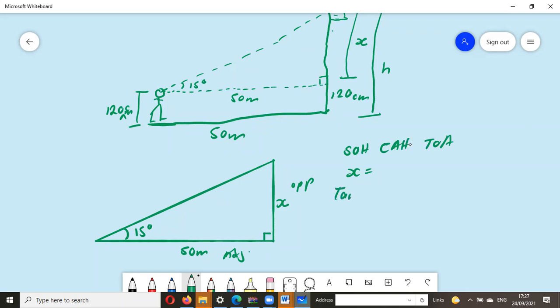Therefore, tan of 15 degrees is equal to opposite, which is the X, over the adjacent, which is 50 meters. Therefore, X is equal to 50 meters times tan of 15 degrees.